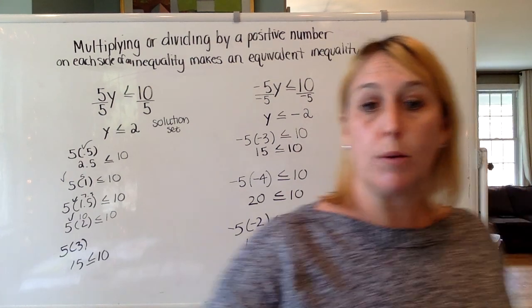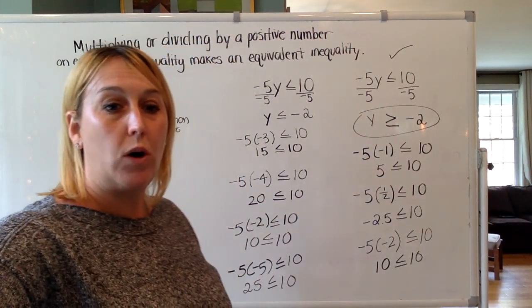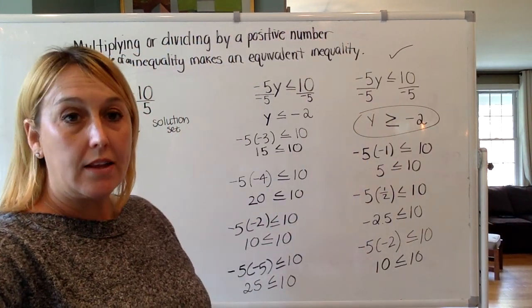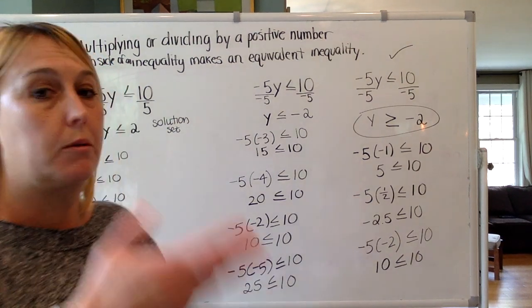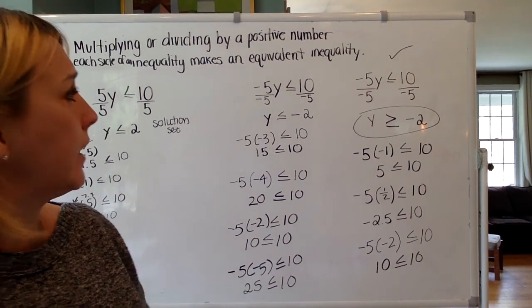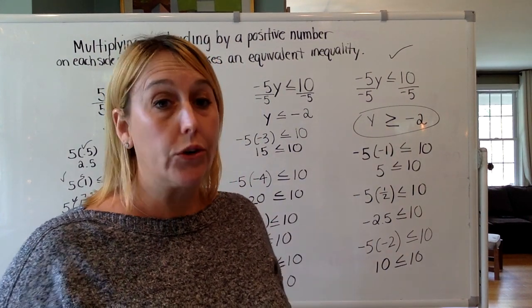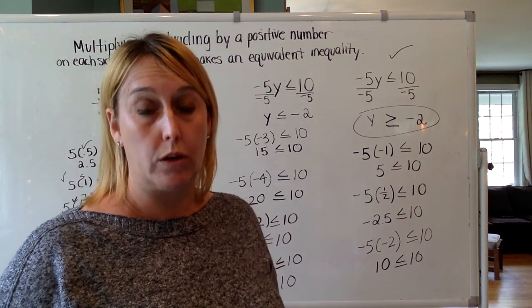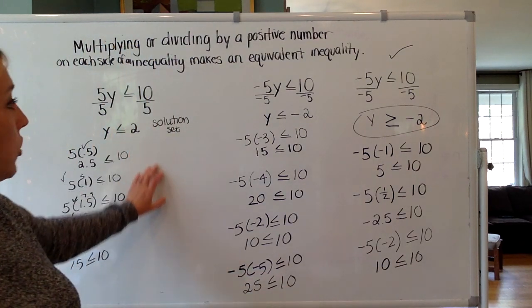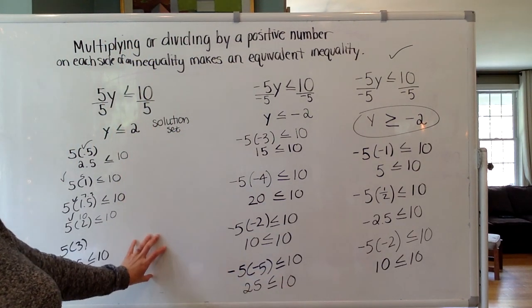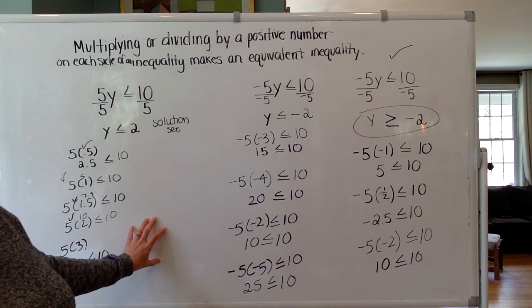So we're going to do some more practice with these, but I wanted to explain why this works. Most kids just learn, if I'm multiplying or dividing by a negative, I flip the inequality sign. And they just learn that rule, but they don't know why the rule works. So that's why I wanted to show you, with positive numbers, you don't worry about it. You just do it like normal.